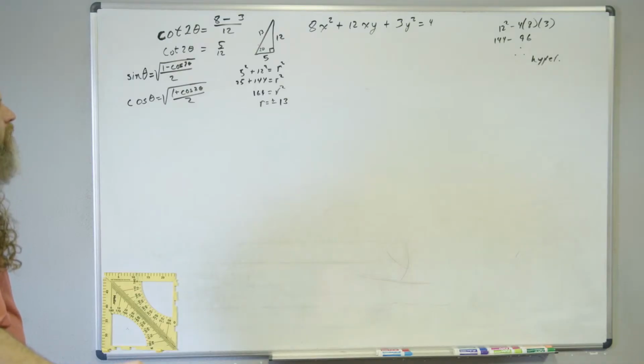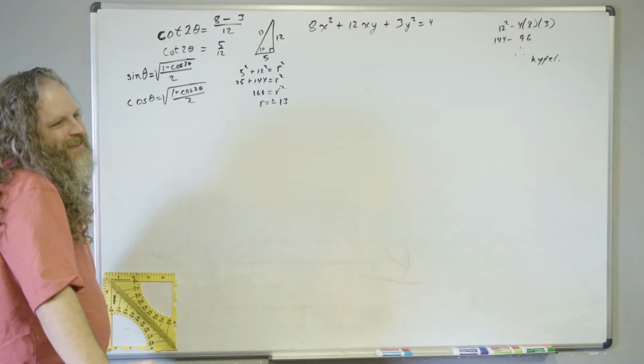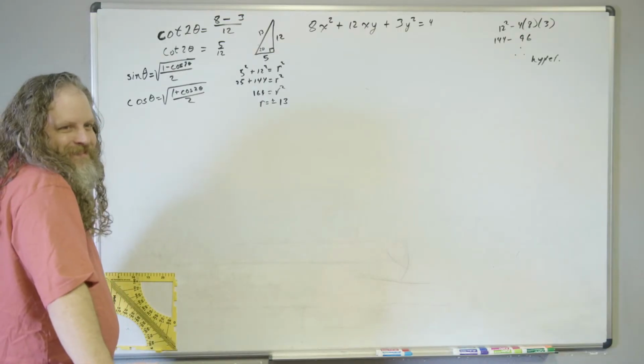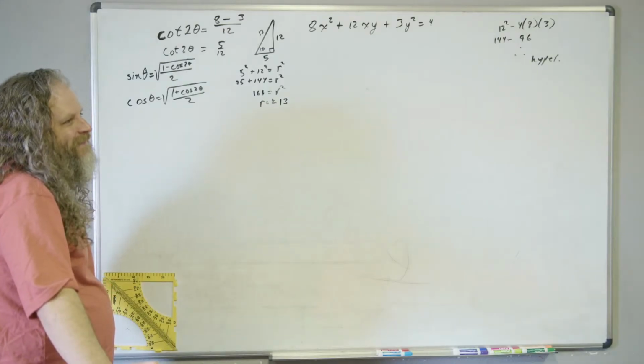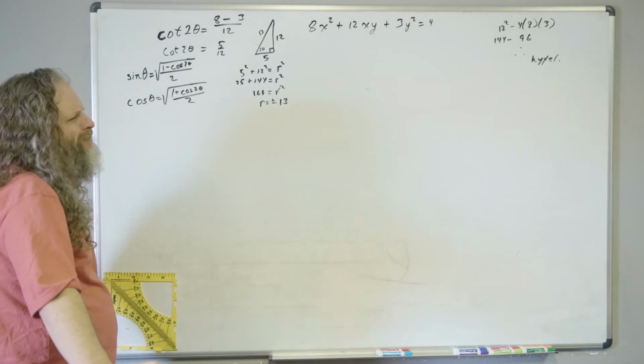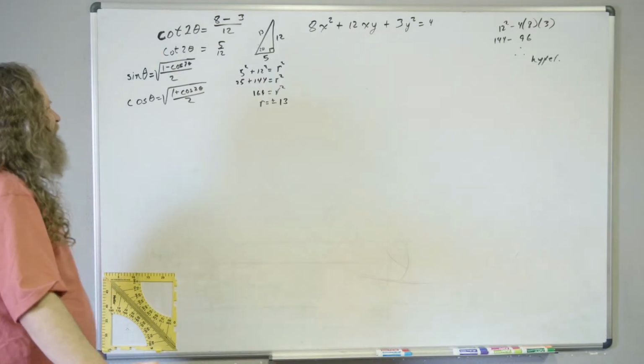Cotangent of 2 theta is 5/12. What's the cosine of 2 theta? Oh, it's 5 over 13.